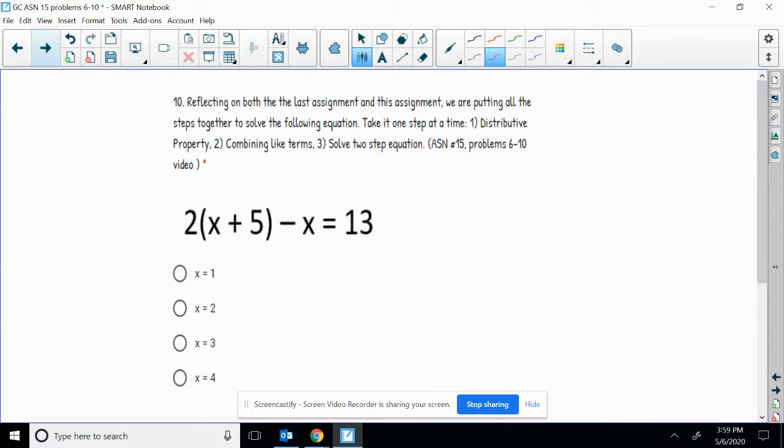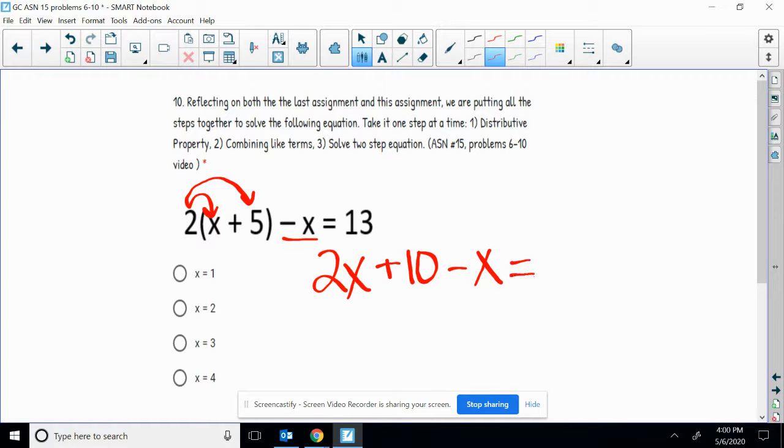Okay. On 10, we're going to do the same thing. First, we're going to distribute, then we're going to combine like terms if we have any, and then solve. So 2 times x is 2x, 2 times 5 is 10. I'm going to bring down the rest of my expression on that side, which is negative x equals 13.